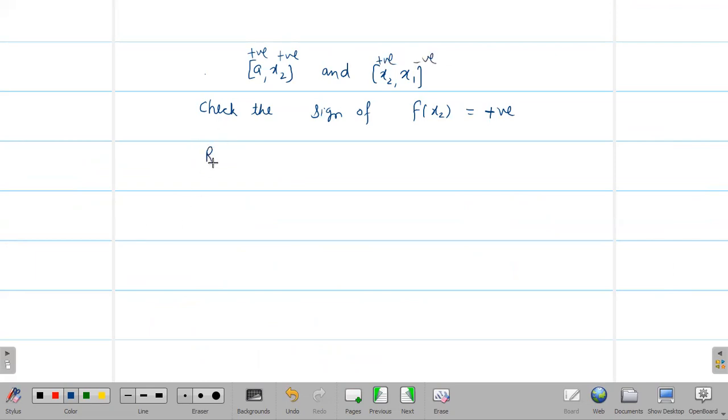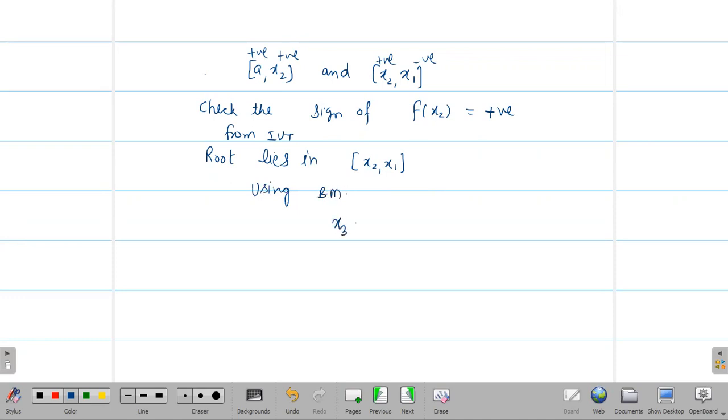So from IVT, you can say the root lies in the opposite sign interval. So you always go with the opposite sign interval x2, x1. So this way you are taking this interval, means you are bisecting this interval again and again. Then again I'm using the bisection method.